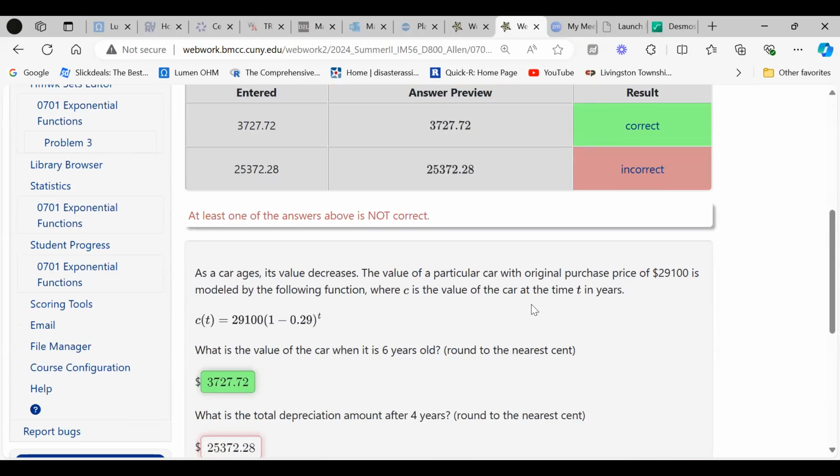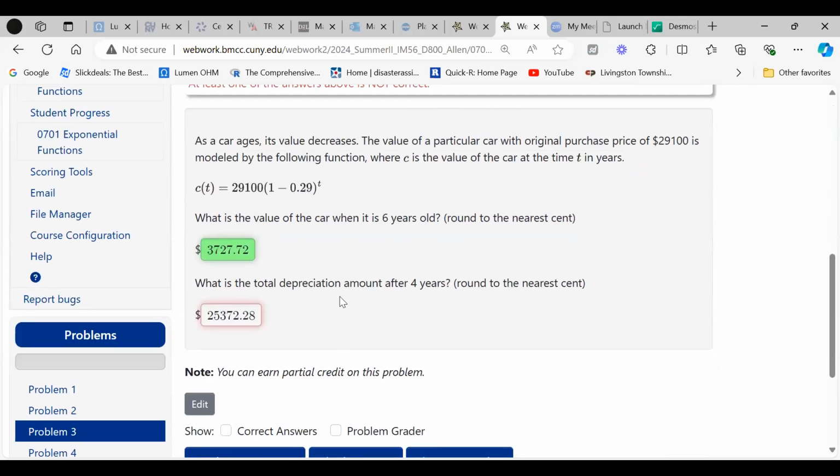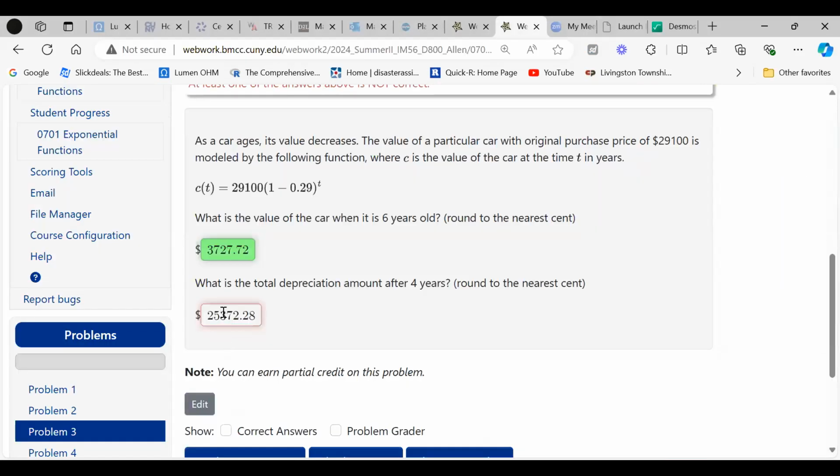Okay, nope, run to the nearest cent, yeah, we did. Maybe I copied the number wrong. No problem, let's double check here. 3727.72, 25372.28.